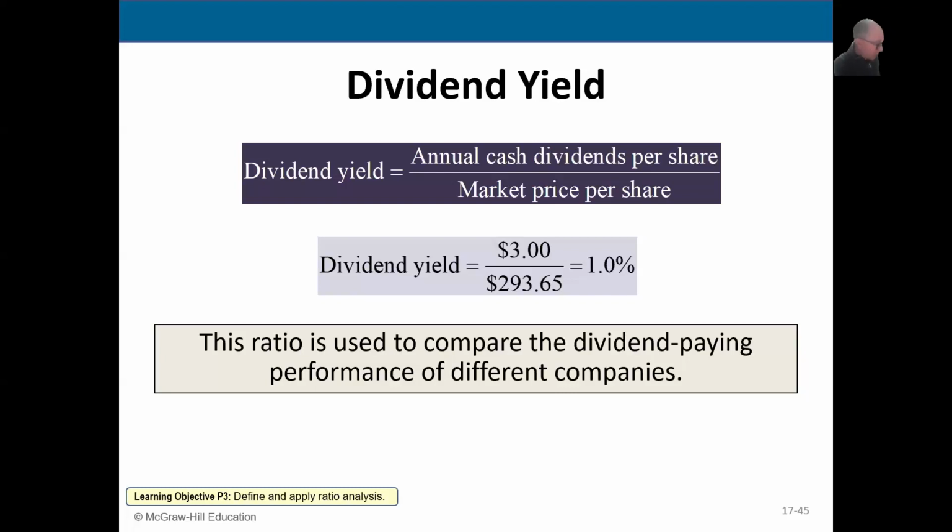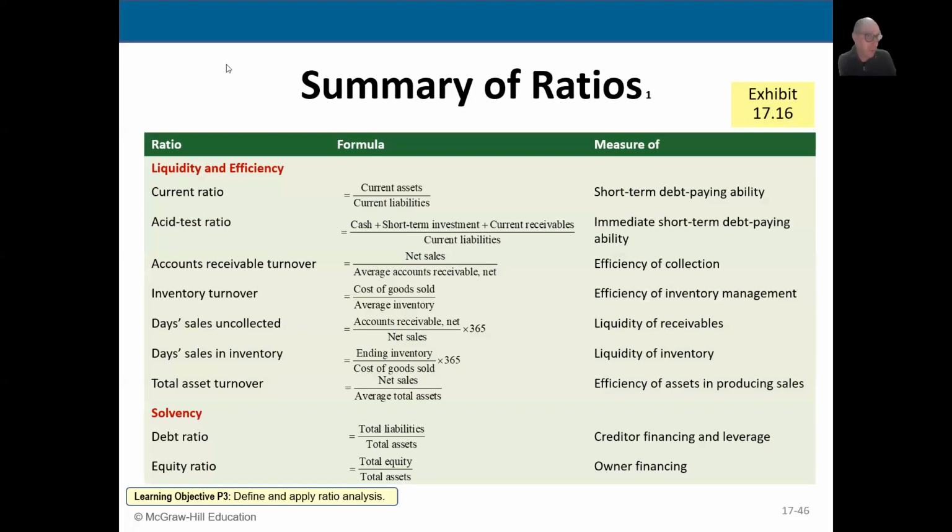And some of you have asked me in the past, hey, Dr. B, do you have like a cheat sheet? Cheat sheet, that sounds so weird. Do you have a list of all of the ratios? Yeah, I sure do. And so do you. The summary of ratios. So these are all the ratios that we just went through.